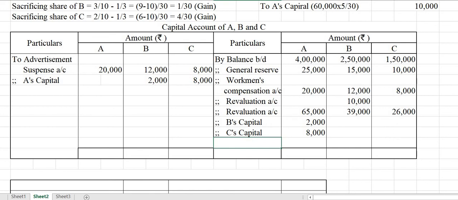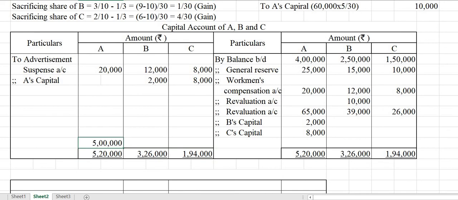Now we are going to balance the account. You know that the credit side is more for all the partners. We can total the amount. Okay, let us write the amount on the debit side and find out the balance.